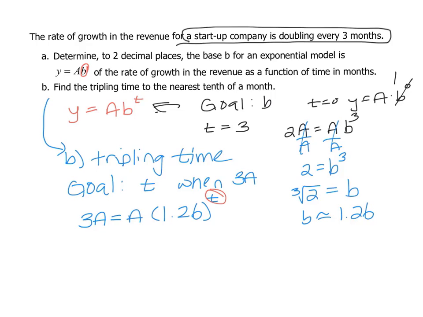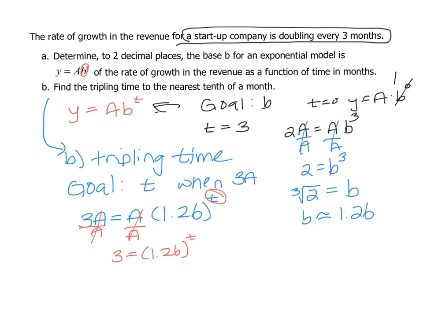Notice that t is in the exponent, so I'm going to need to use a log, and I want to isolate that exponential first, so I want to divide both sides by a. So I have 3 equals 1.26 to the t.